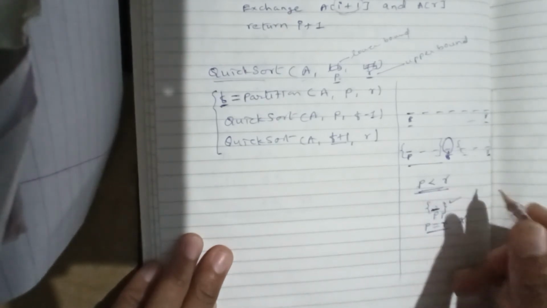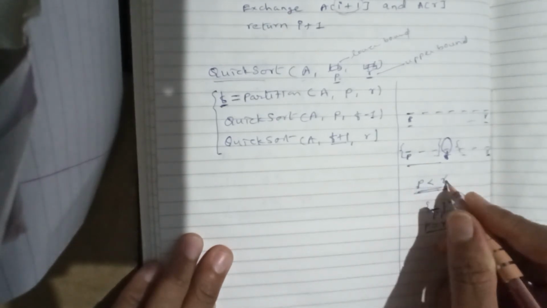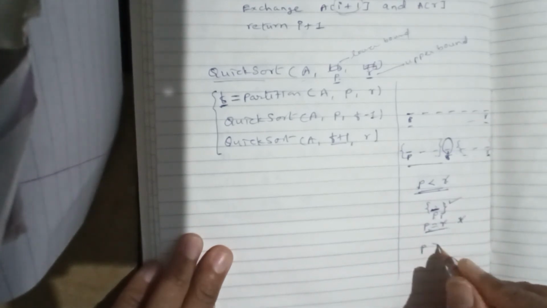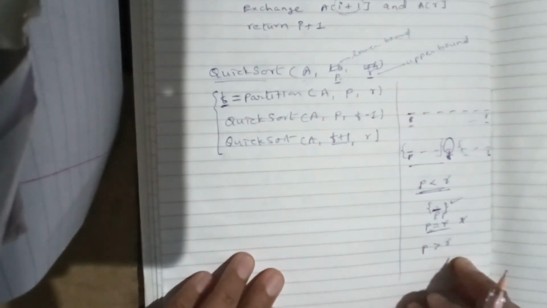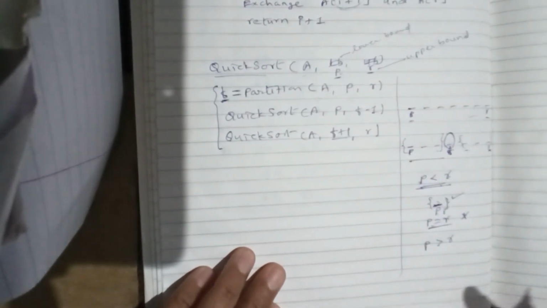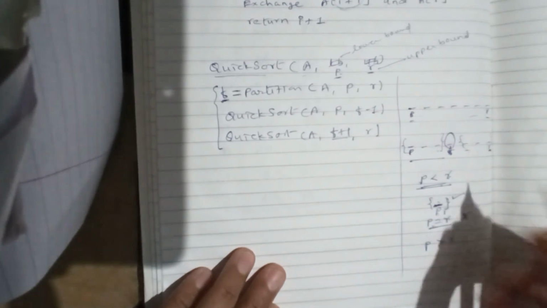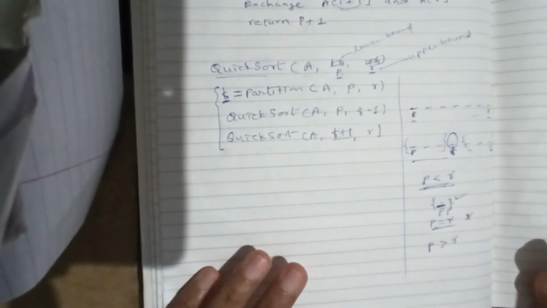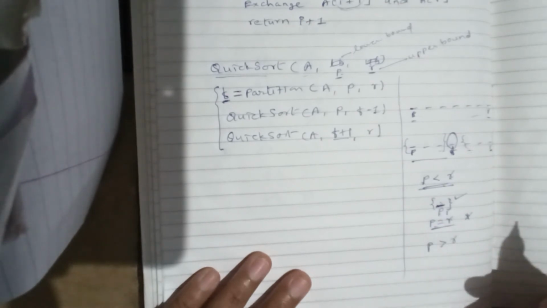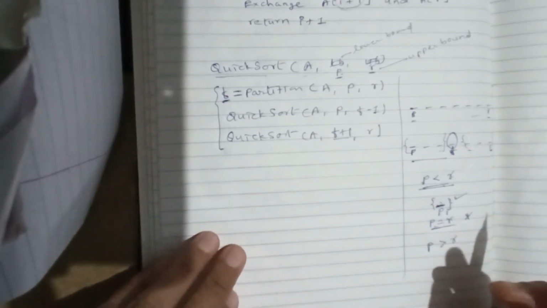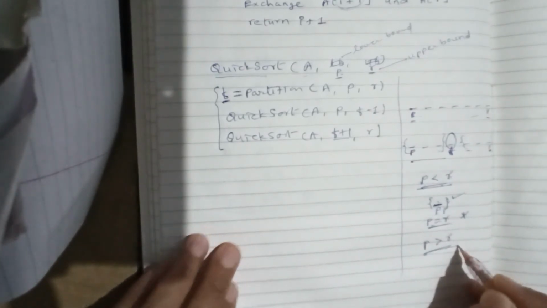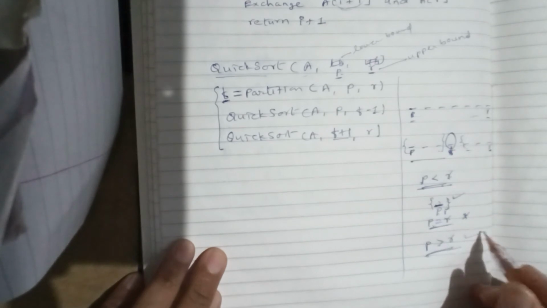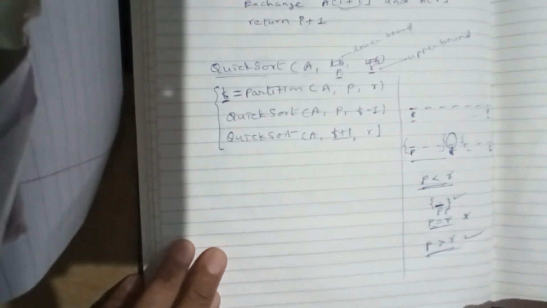So there are three possibilities when we compare P and R: P less than R, P equal to R, and the third possibility is P greater than R. P greater than R happens when we make a partition which is non-existing, when the partition becomes an empty partition. Such an empty partition we never solve.